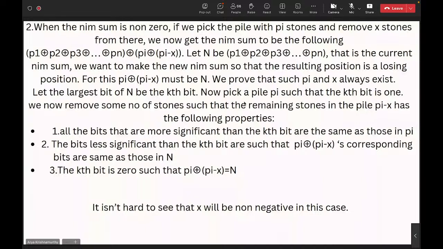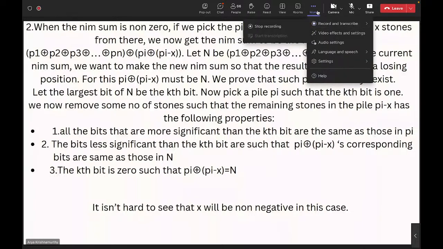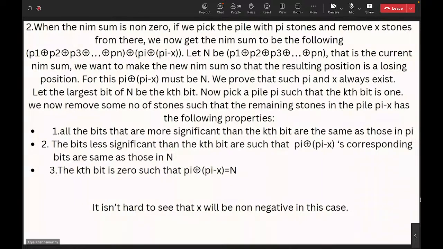Since the kth bit is on in pi, and you know that 2 power k is greater than 2 power k minus 1 plus 2 power k minus 2 and so on up till 1, by basic GP summation, whatever bits are on in pi minus x after the kth bit, that is the less significant bits, even if all of them are on, I would still have pi minus x less than pi.